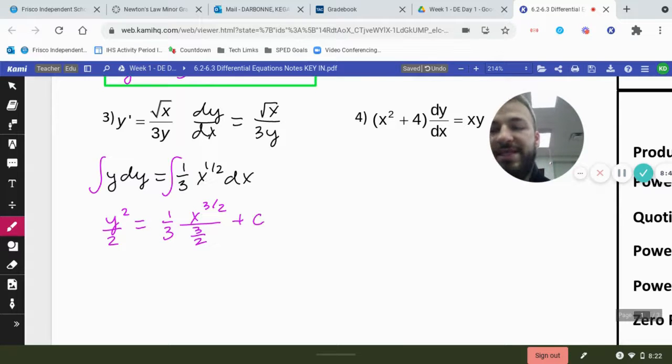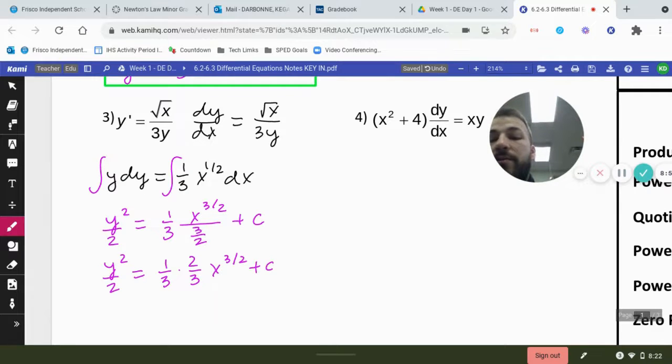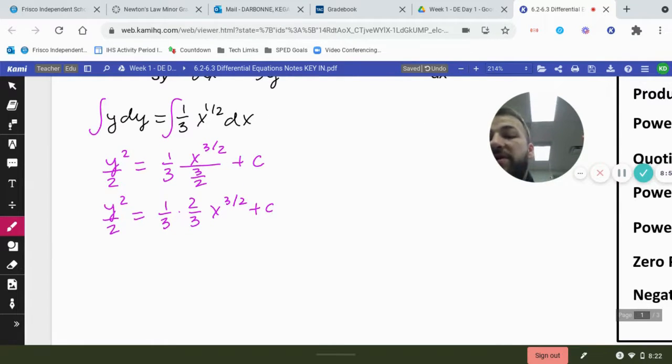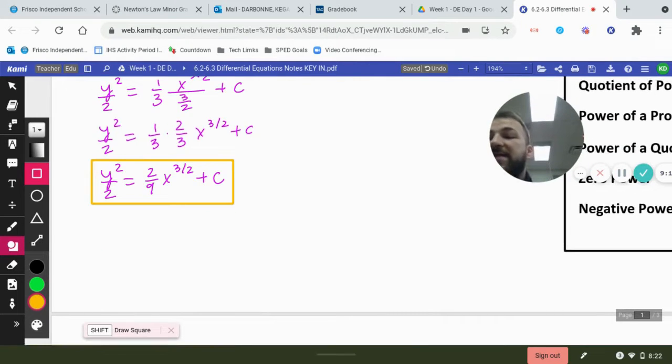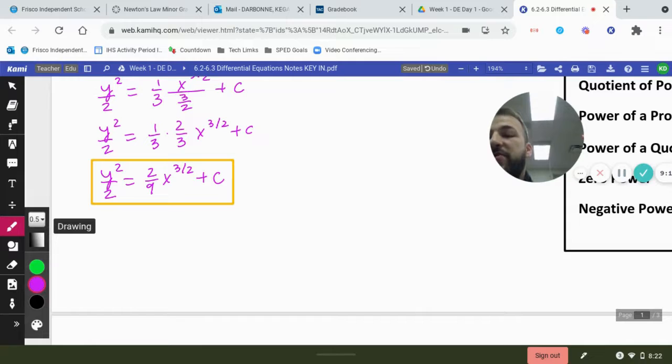And then, of course, plus c, which becomes y squared over 2 is equal to 1/3 times 2/3 x to the 3/2 plus c, which becomes y squared over 2 is equal to 2/9 x to the 3/2 plus c. So once again, we could leave it like this if we didn't have to solve for y. If we did need to solve for y, we could keep going by moving that 2 in that square root.